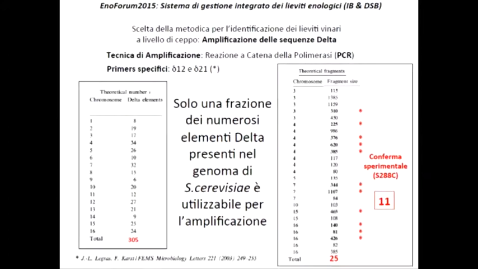And yet only a small fraction of these sequences can be used for amplification purposes under these conditions with these delta 12 and 21 primers. Out of 300, only 25 can be amplified and lead to PCR. Out of 25, only 11 were confirmed experimentally, which means a very limited number of fragments compared to the theoretically available fragments.